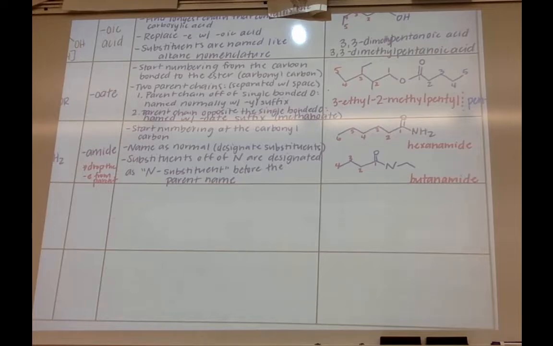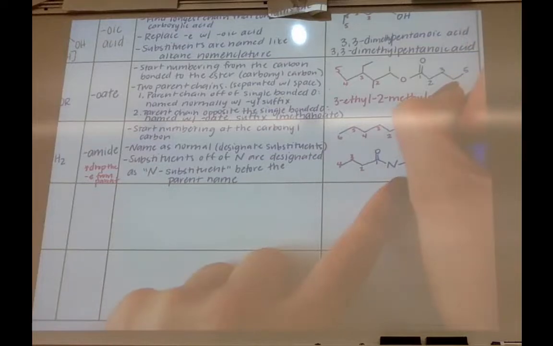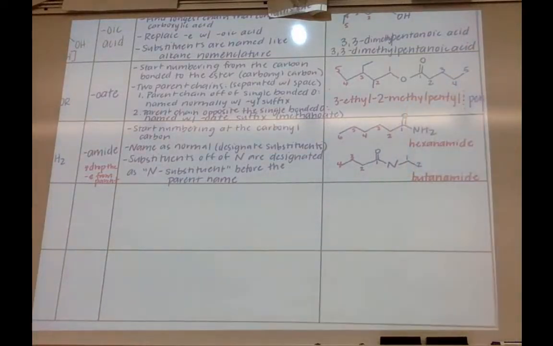It shows lots of different molecules. Now, over here, we have 2 carbons connected to the nitrogen. 2 carbons is what substituent? Ethyl. Now, because it's connected to the N, it would be N-ethyl butanamide.